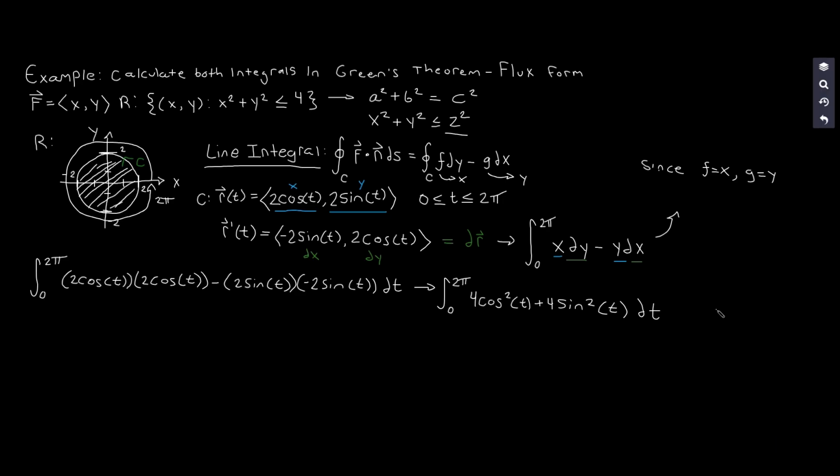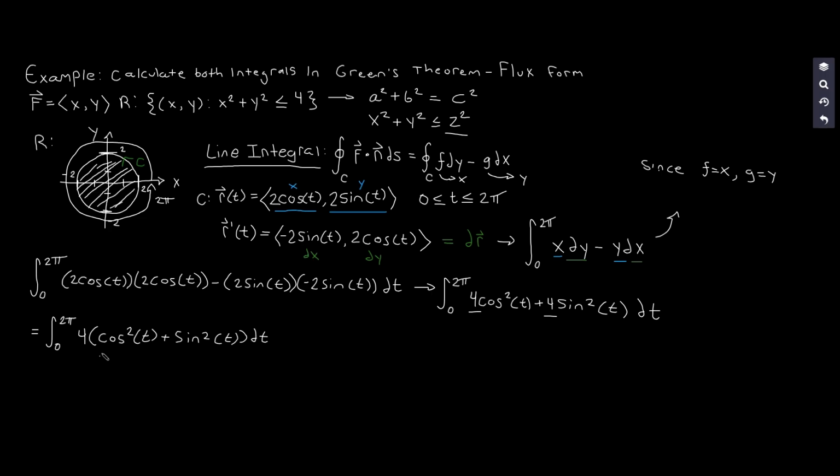Integration with respect to t. So I can factor out a 4 from both of these. So this is going to be the definite integral from 0 to 2 pi of 4 times cosine squared of t plus sine squared of t.